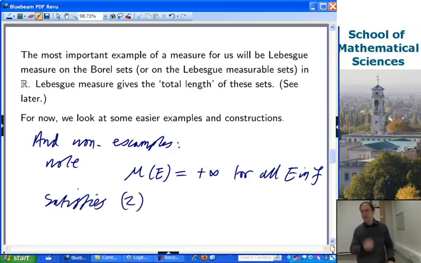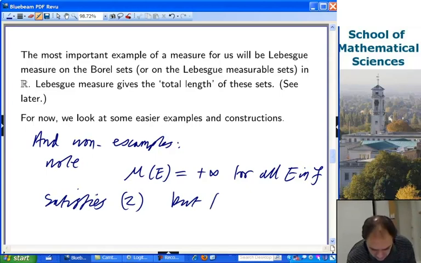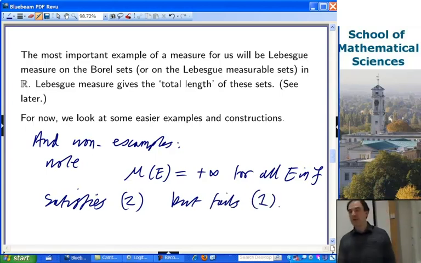It does satisfy the rule for sums, because infinity plus infinity is infinity, but it fails 1. We don't include this as a measure.